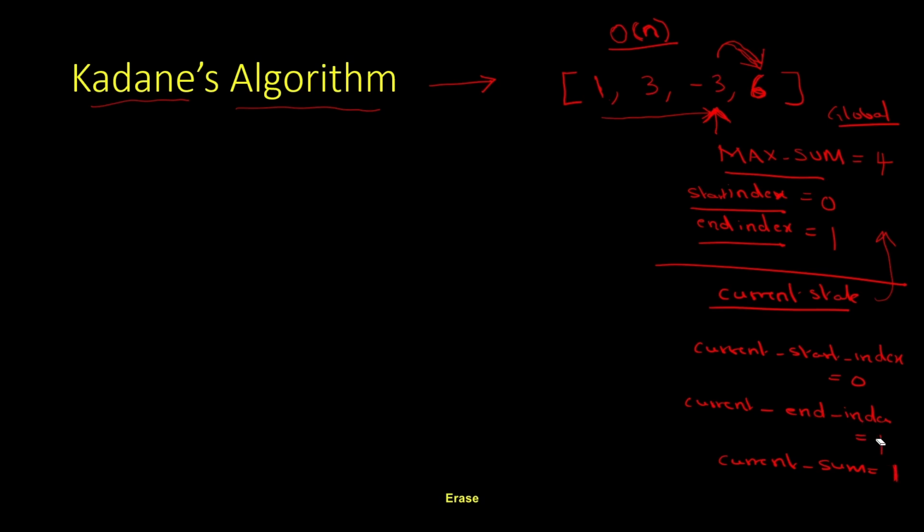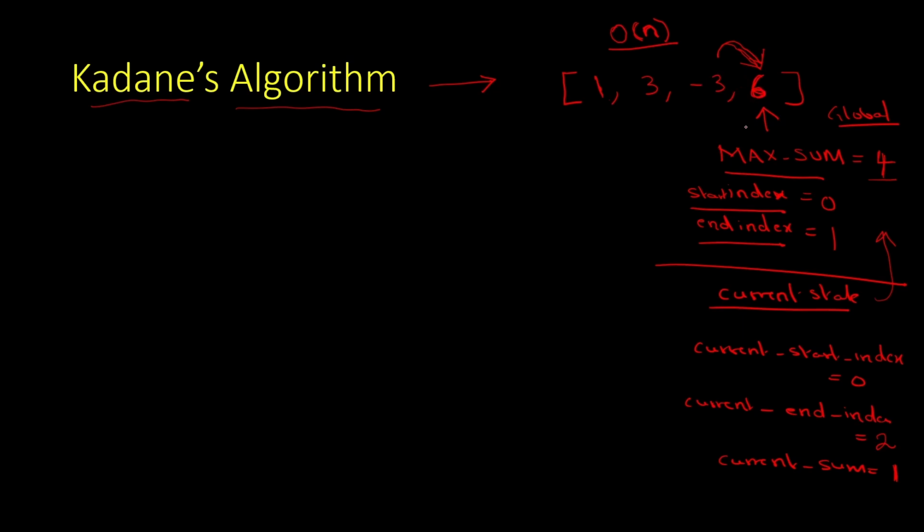Obviously, current end index has been updated to 2. Start index is the same. Now I have the current state and I'll be comparing that with my maximum sum. No, it's very bad, so maximum sum will not be updated. So now just blindly go to the next index, following the algorithm that we have developed on our own. We will be going here.